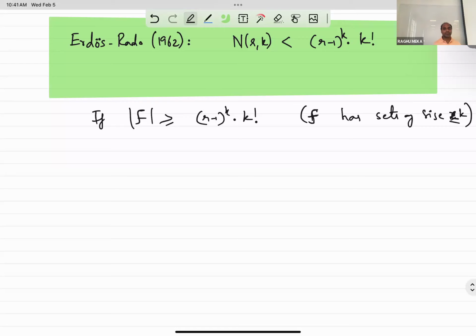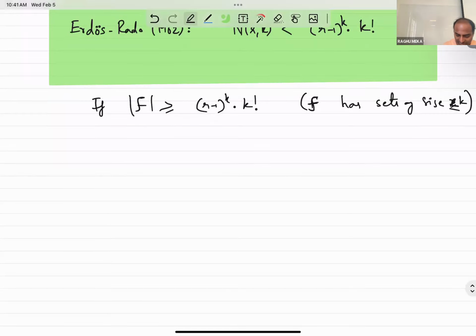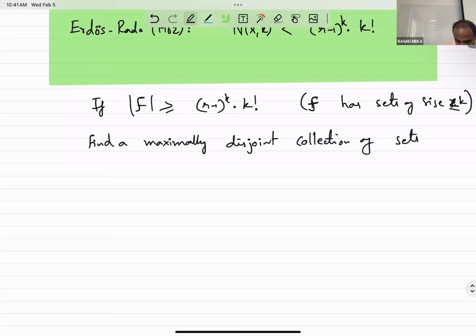Okay. And the way we proceeded was to say, find a maximally disjoint collection of sets, S1, S2, and so on, in F. Okay. Keep picking disjoint sets.